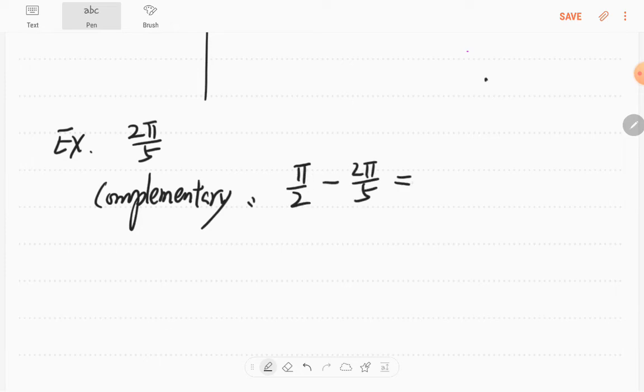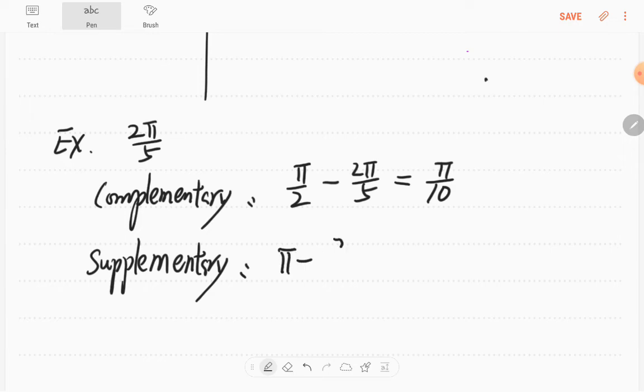If you do the calculation, it would be pi over 10. So what is the supplementary angle? Which is the sum is pi. So if you subtract 2 pi over 5 from pi, then you will get its supplementary angle, which is equal to 3 pi over 5.